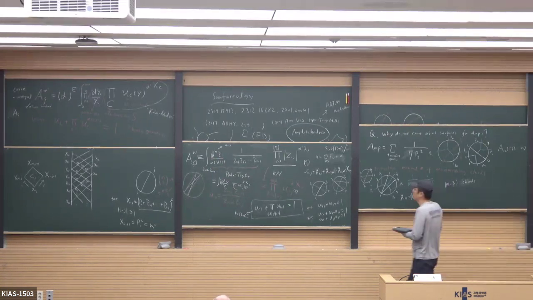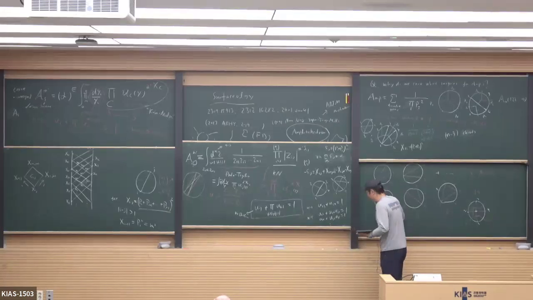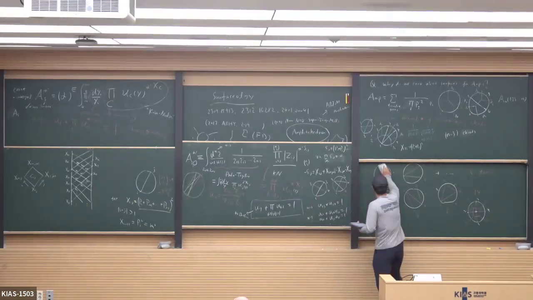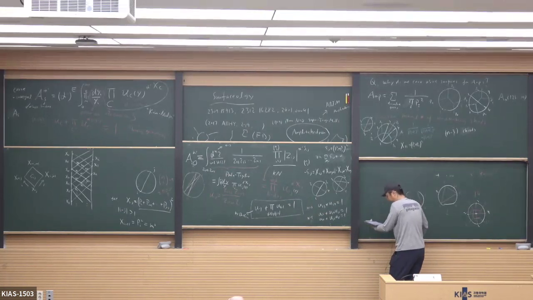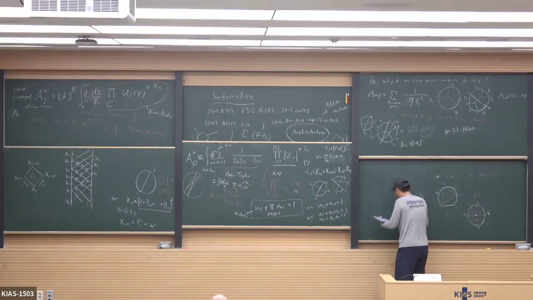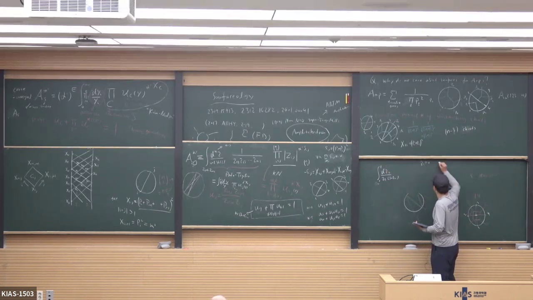So let me really write down the 4-point amplitude for you, which you will immediately recognize, right? So what is my 4-point amplitude? In the original form, it's really dz2 over z2, 1 minus z2, where z2 is between 0 and 1. So I'm doing this gauge fixing of z1 is 0, z3 is 1, and z4 is infinity. So the only thing I have is z2.